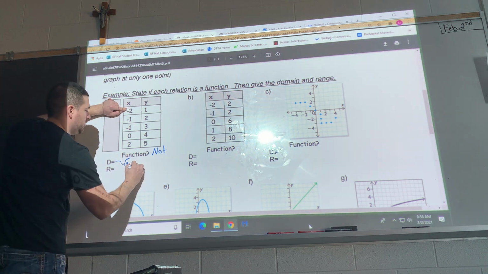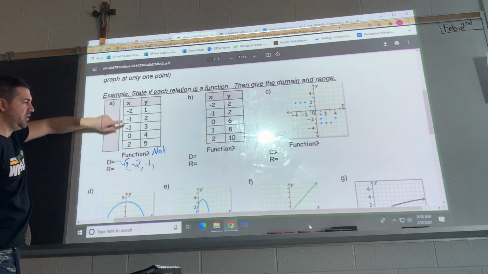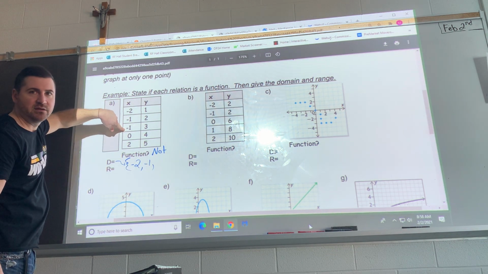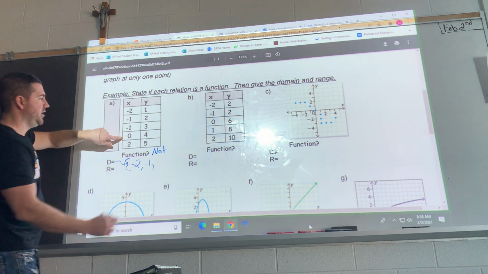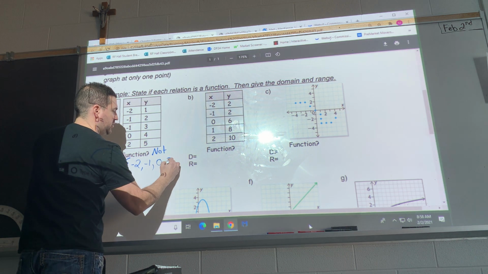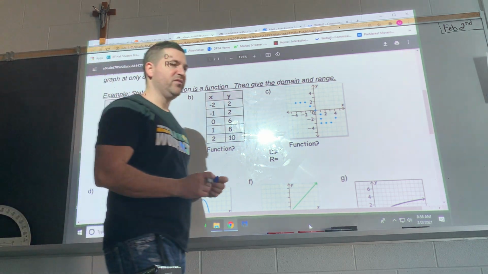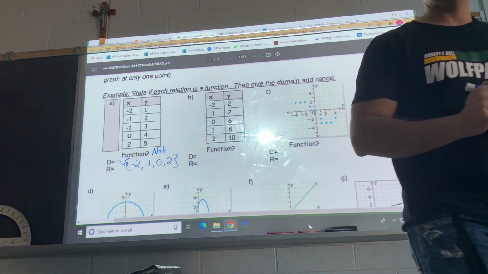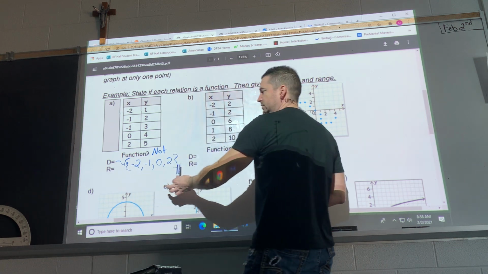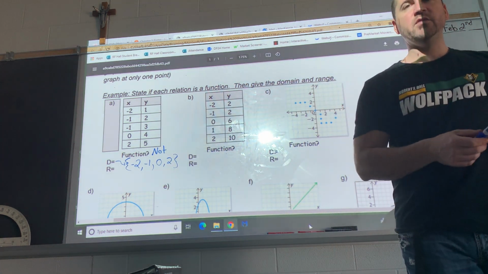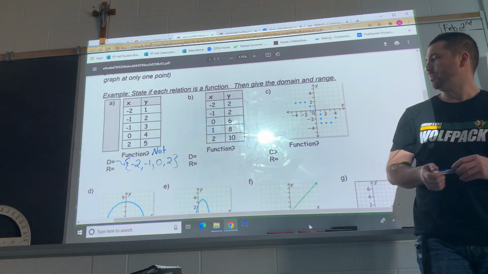We have -2, we have -1. You don't have to write -1 again, because you don't need to repeat yourself. So if a table of values is given, you just need to list out the values for x. Our domain is -2, -1, 0, and 2.